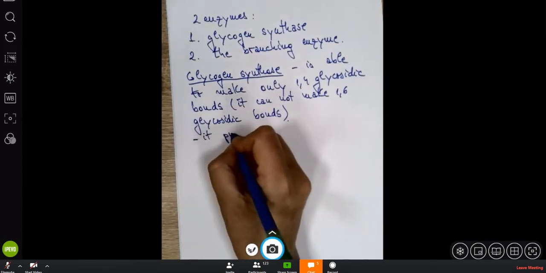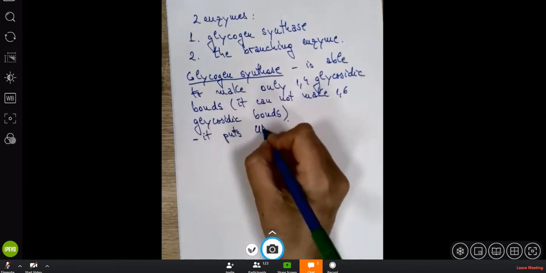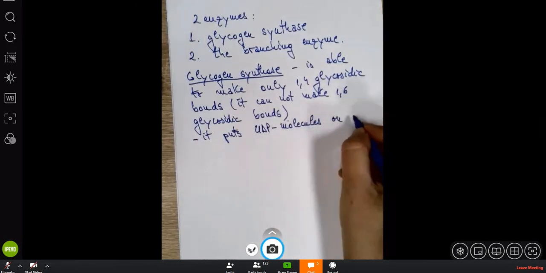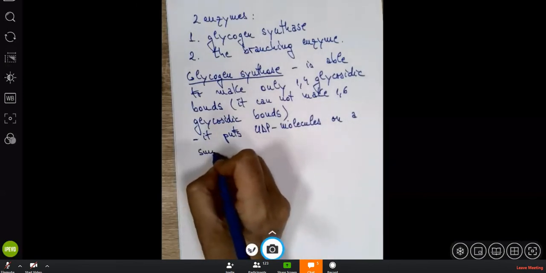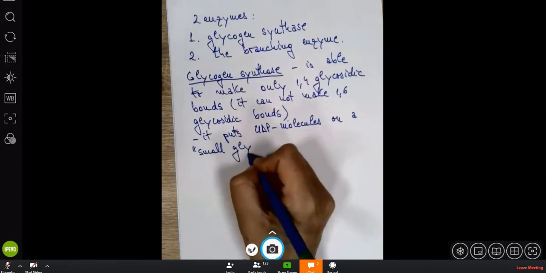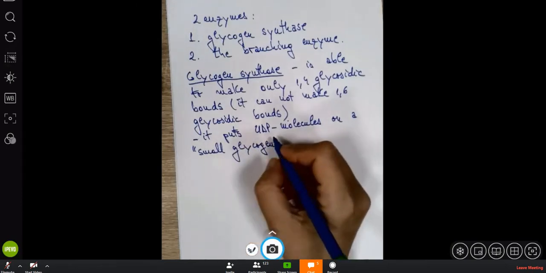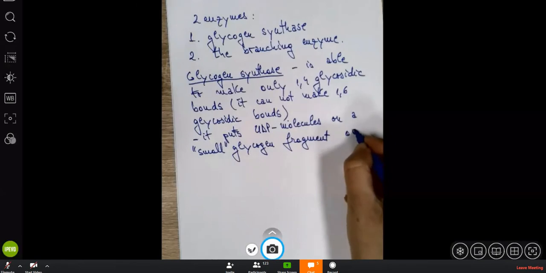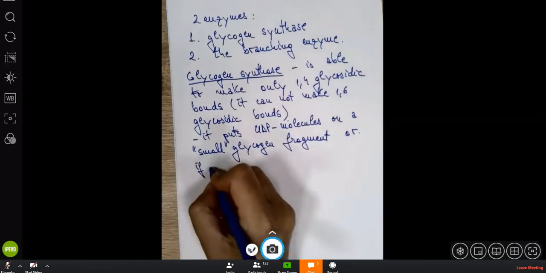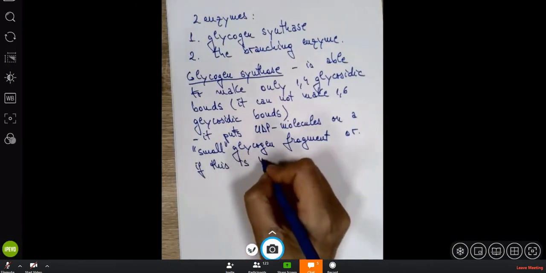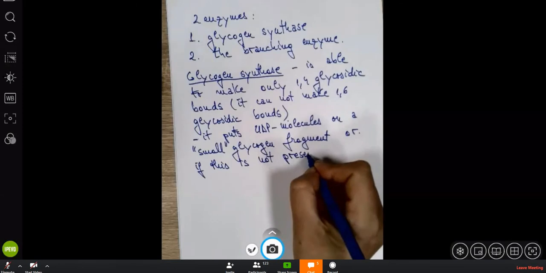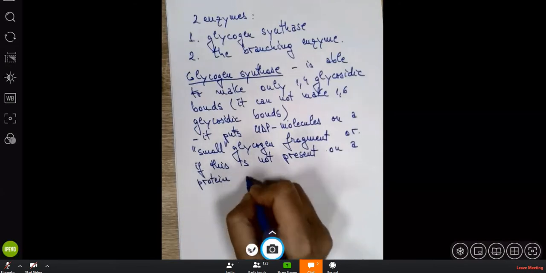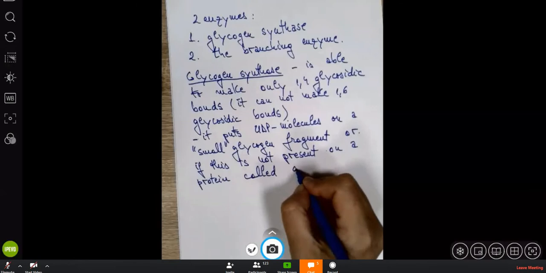It puts UDP glucose molecules on a small glycogen fragment, or if this is not present, on a protein called glycogenin.